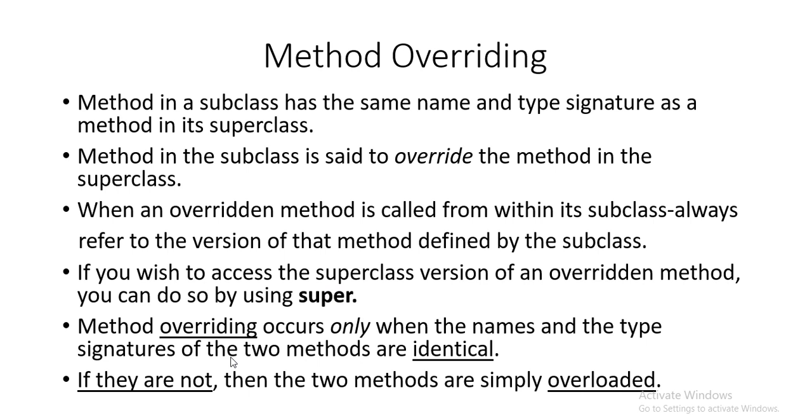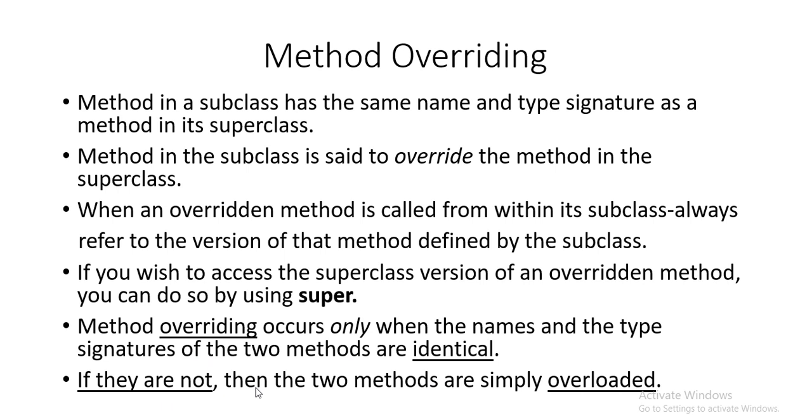Now, in the next point, method overriding occurs only when the names and type signatures of the two methods are identical. Identical here means the same. If the type signatures of the two methods in the superclass and subclass are the same, then only that method is said to be overridden.